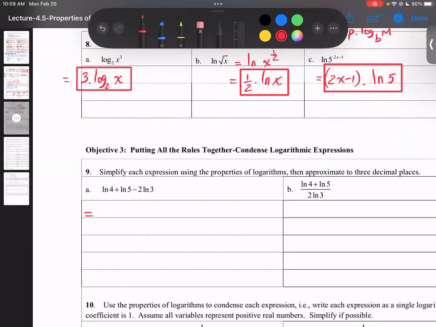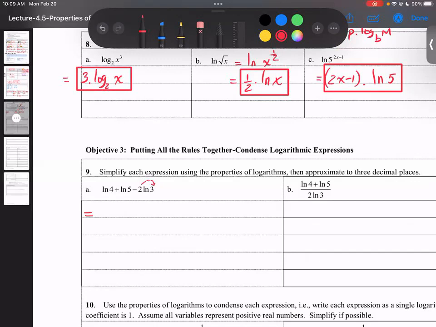For me, my best bet, because they're all ln, they're all log base e, is to combine the two into one log to see if I can cancel the 5, the 4, the 3, right? So first thing, I'm going to move the power 2 to the 3. By the way, there's more than one way to do this. So this one, I'm going to bring it back using the power rule.